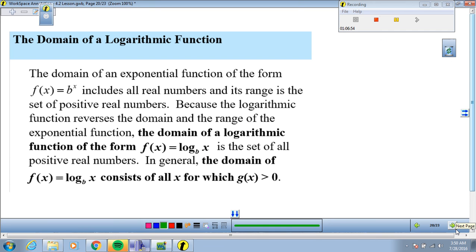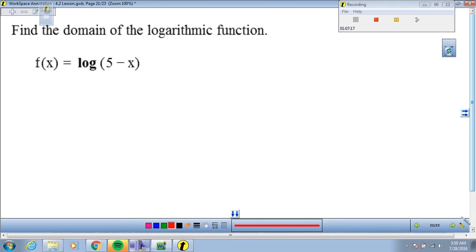Now, the last part on this section. These sections are tedious. There's a lot of little things to learn. The domain of a logarithmic function. You don't have to read all this. Just know that there are two restrictions for the domain in a logarithmic function.